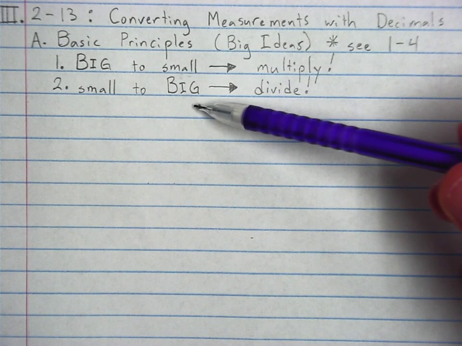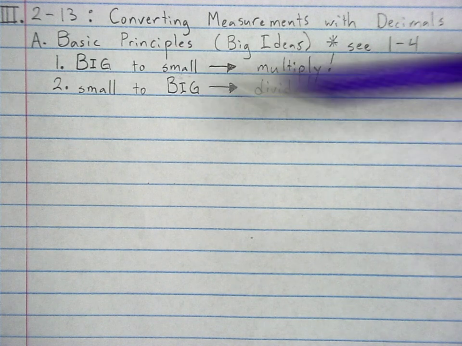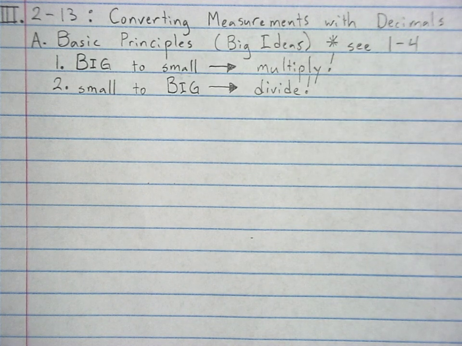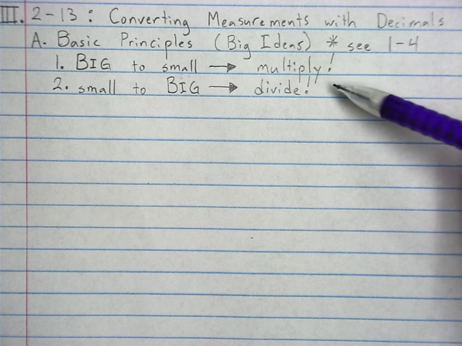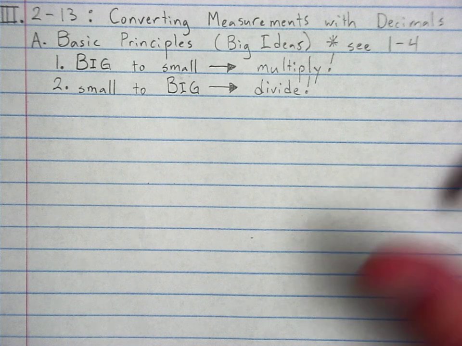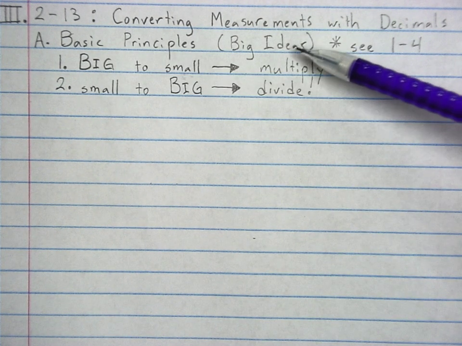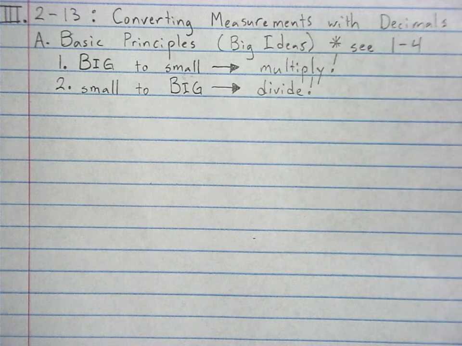I know this is always tricky because you're so used to thinking, well, as I multiply, my numbers get bigger. As I divide, my numbers get smaller. And up until this point, that has been true. A lot of times you're going to see that number-wise, that's what will happen here. But the units of measure, big to small, multiply. Small to big, divide.